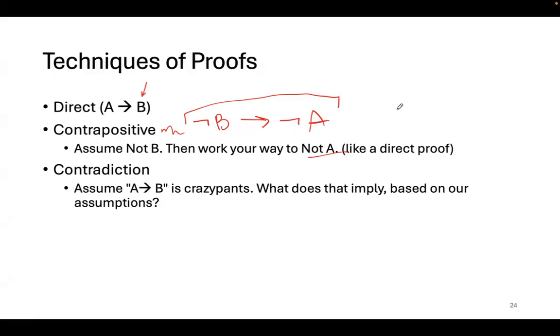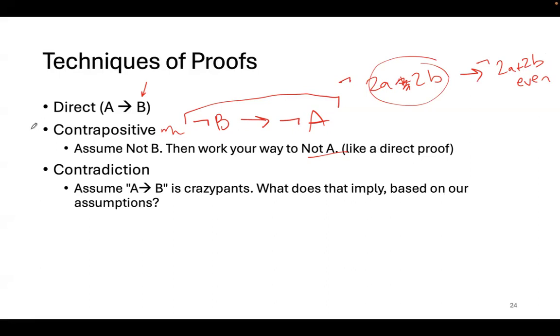So let's say contrapositive is, if we said 2A and 2B implies 2A plus 2B is even. Then we said, assume this is not true, and then we get to that 2A and 2B, but A and B aren't even.